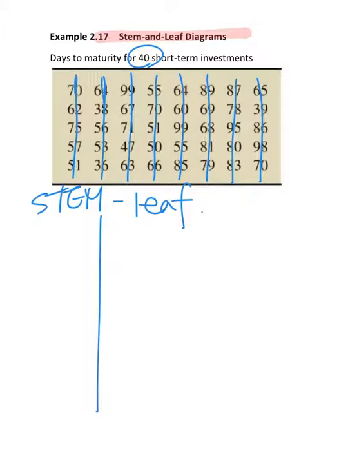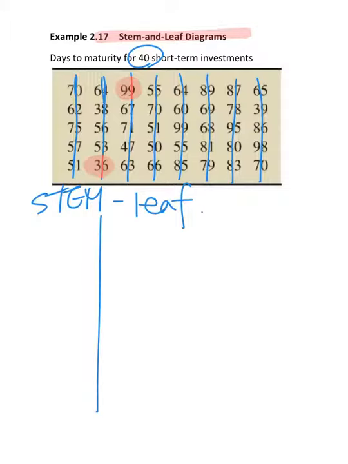Who is the smallest number? 36 was the smallest one? Am I correct? 36? And who was the biggest one? I remember 99. 99 was the biggest one.